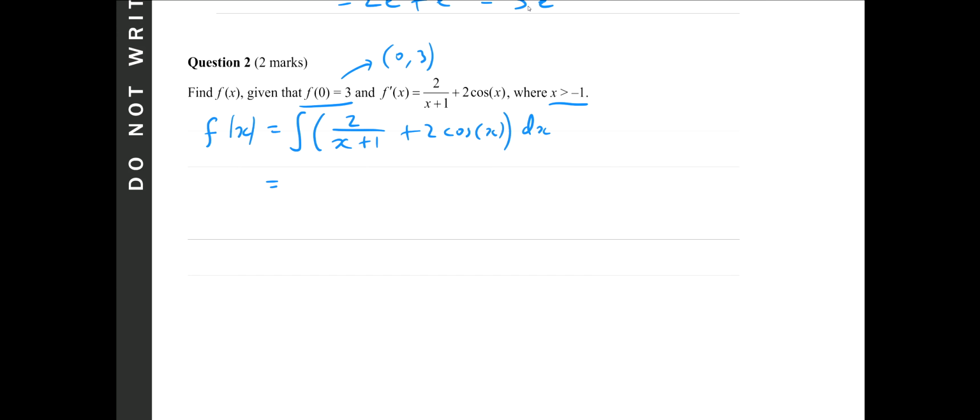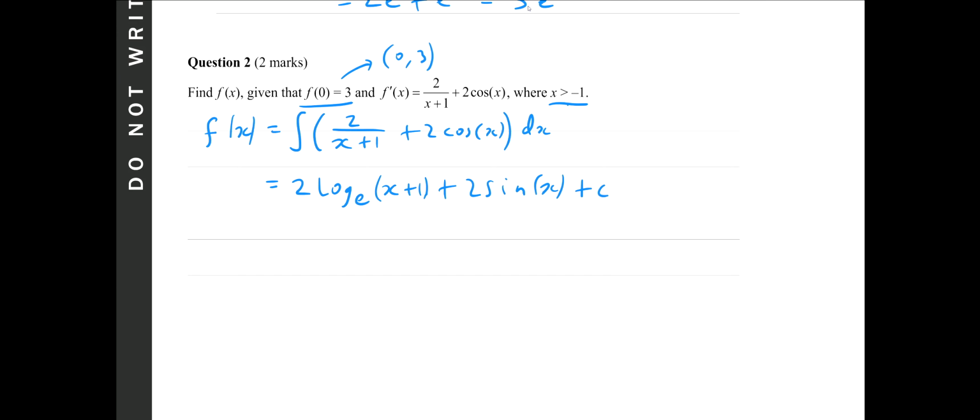The integral of 2 over x plus 1 is 2 log e of x plus 1 in normal brackets. Double check the domain is x greater than negative 1, so we can just write log e of x plus 1 in normal brackets. The 2 cos x integrates to positive 2 sine of x. And because this is an indefinite integral, we need a plus c, the arbitrary constant of integration.